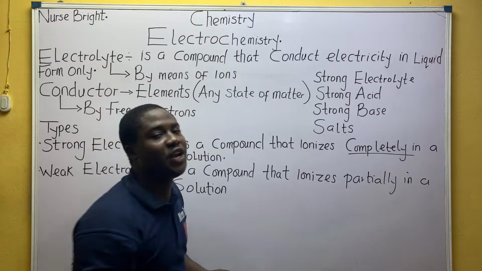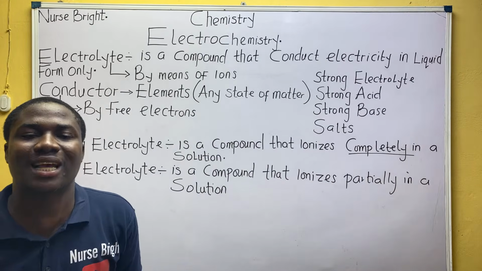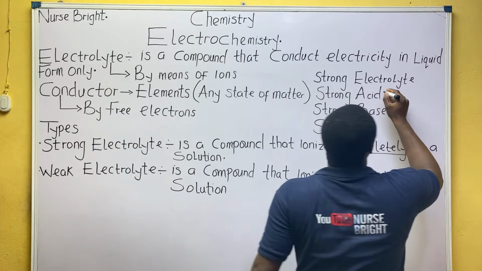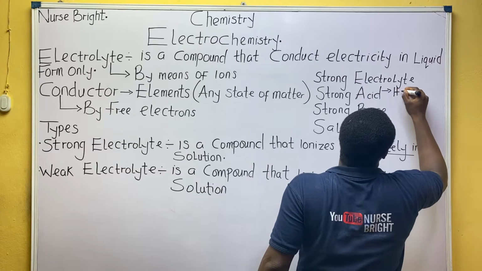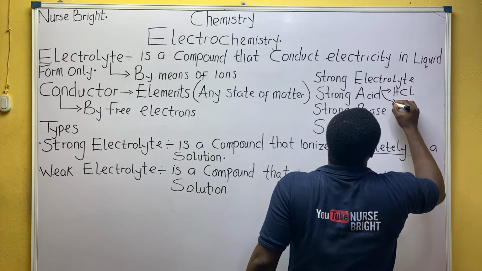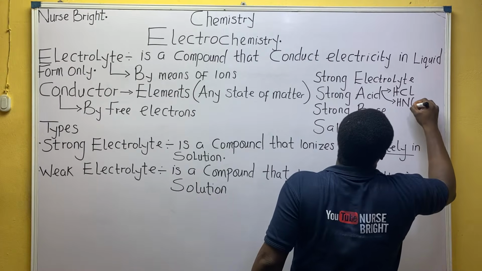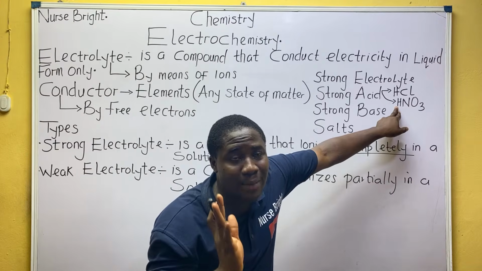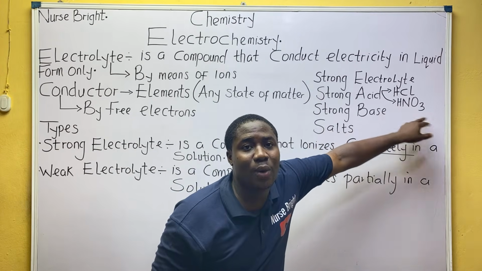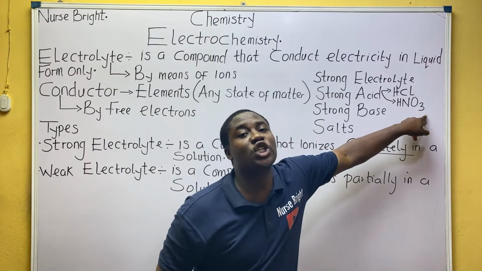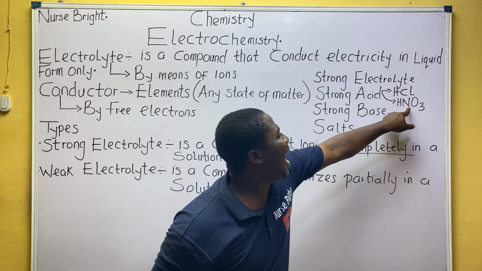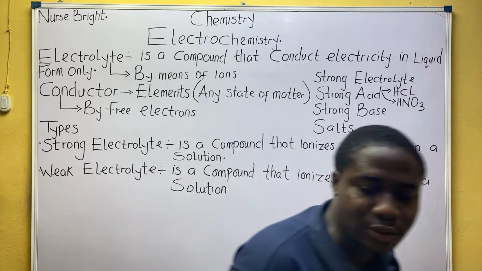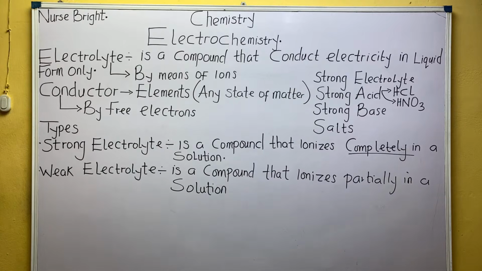I gave examples of strong acids, like HCl, hydrochloric acid, like HNO3. Hydrogen, how many oxygens do we have? 3. So hydrogen trioxonitrate(V). To know why it is 5, I'll teach you guys on redox reaction.